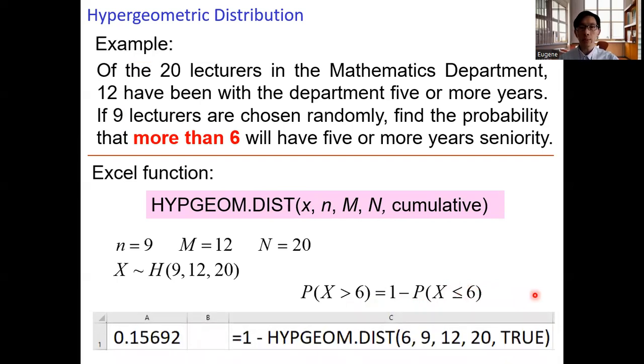Therefore, the Excel expression is 1 minus the hypergeometric distribution function with X equals 6, and then the parameters 9, 12, and 20. And then this time, the cumulative parameter is true. Then we get the probability 0.1569.